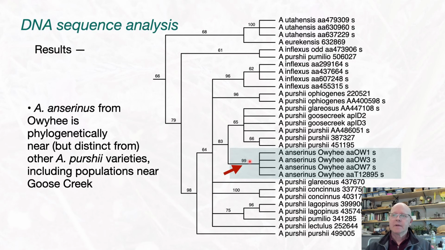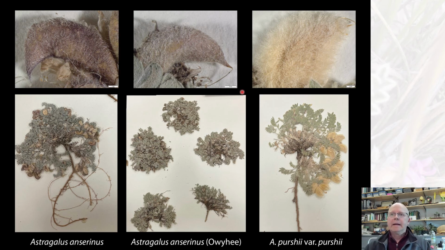But it is very well supported as its own group and much more differentiated from most of the other Astragalus pershii individuals that were sampled. So just rethinking the relationships of the Owyhee individuals, if they really are a variety of Astragalus pershii, it causes us to rethink actually what is Astragalus pershii, because these individuals are very unlike Astragalus pershii in their fruits and some other characteristics.